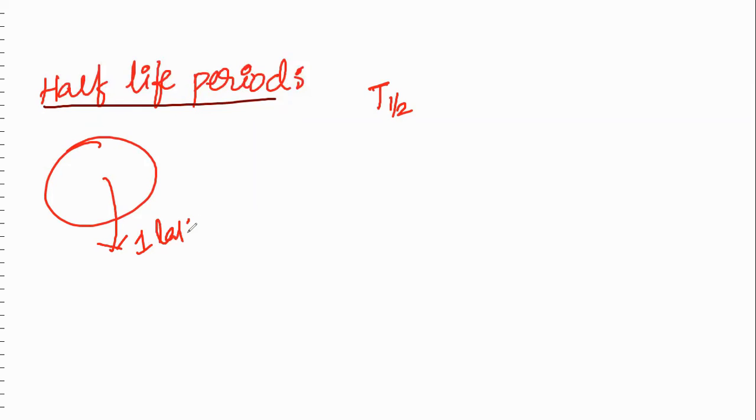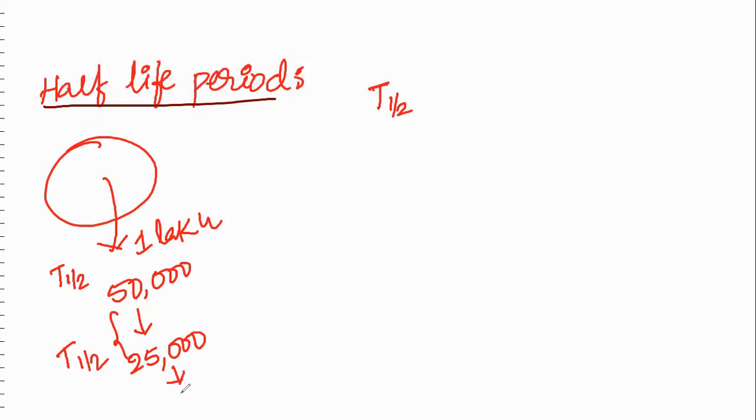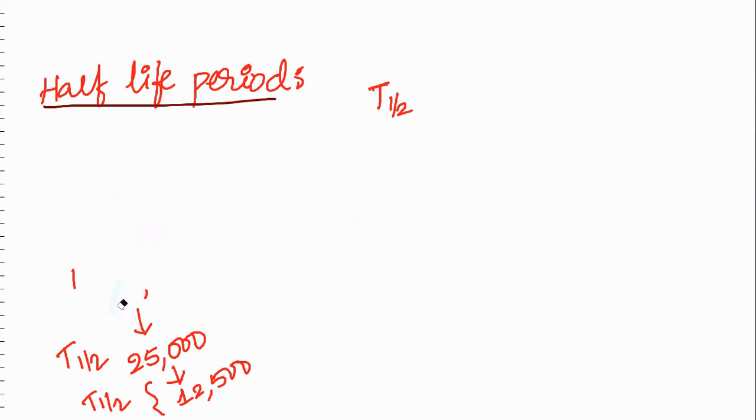The time for this to become 50,000 is the half-life period. The time for 50,000 to become 25,000 is one more half-life. Then 25,000 becomes 12,500, one more half-life, and so on. So half-life is the time taken to disintegrate half of the existing radioactive nuclei.